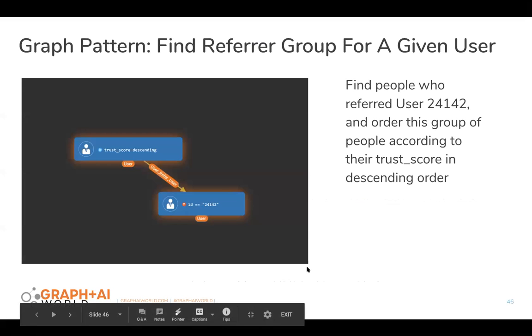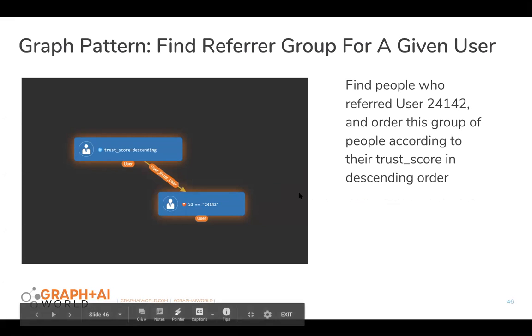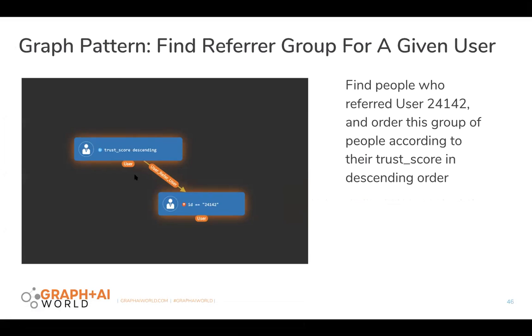For this exercise, we're going to start with an easy graph pattern, and you'll get a chance to use the Graph Visual Query Builder in GraphStudio. This easy pattern is finding the referral group for a given user. In the pattern we're going to show, there is a user and another user, and an edge of user referred to user.